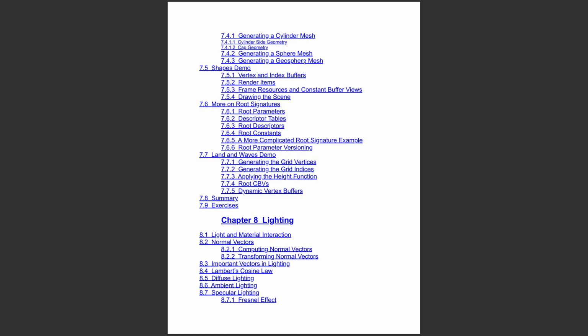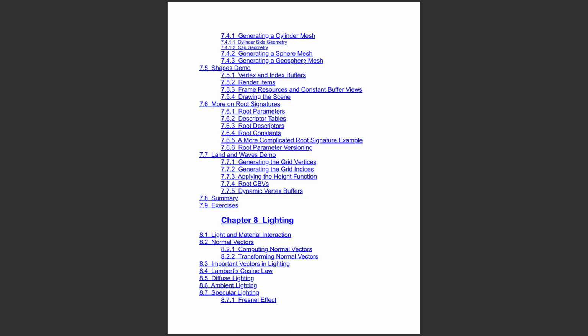So it's just like a 2D grid, but it is affected by random motion. And we're going to be rendering the land and the ocean together, which is a good one. It's talking about generating grid vertices and grid indices and applying a height function to that grid.